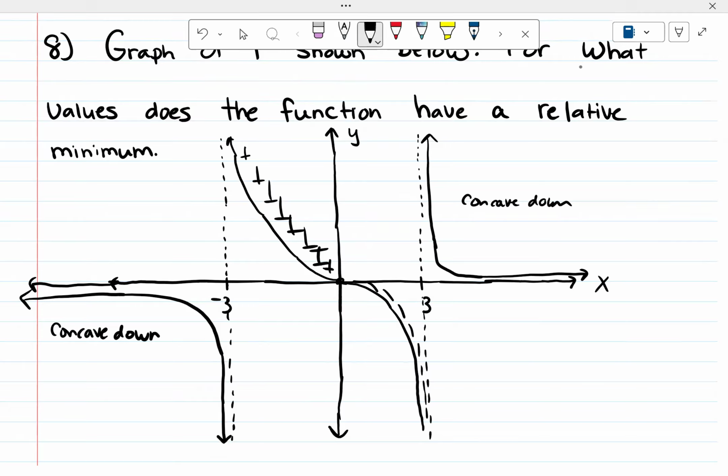A relative min, if you look at your sign chart, I believe it's going to be from a negative to a positive. Do we have this? I don't think so. This is a positive and a minus. So everything above the x-axis is positive, and everything below the x-axis is negative. So I don't think we have a negative to a positive, so I'm going to say the answer is none.